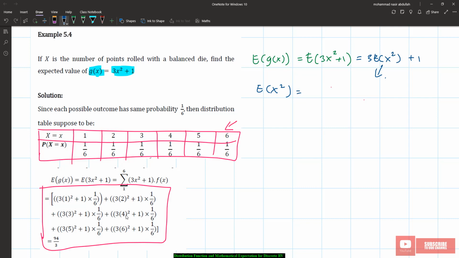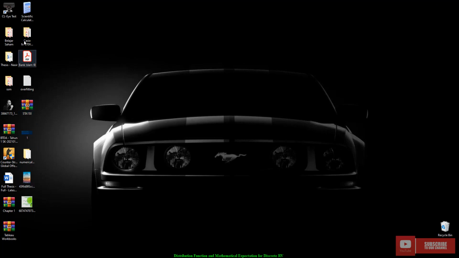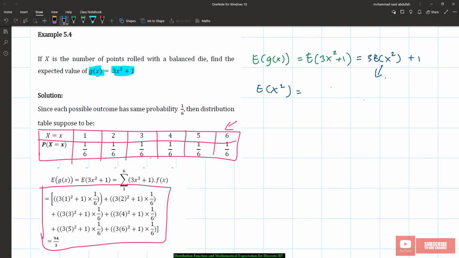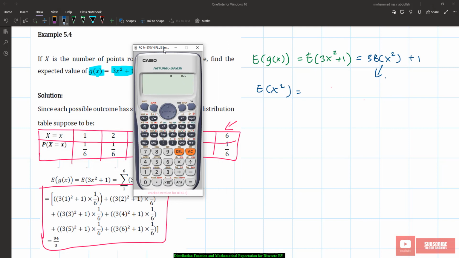If you have a calculator, do you have this calculator? 570ES. Using this calculator, you look for summation.